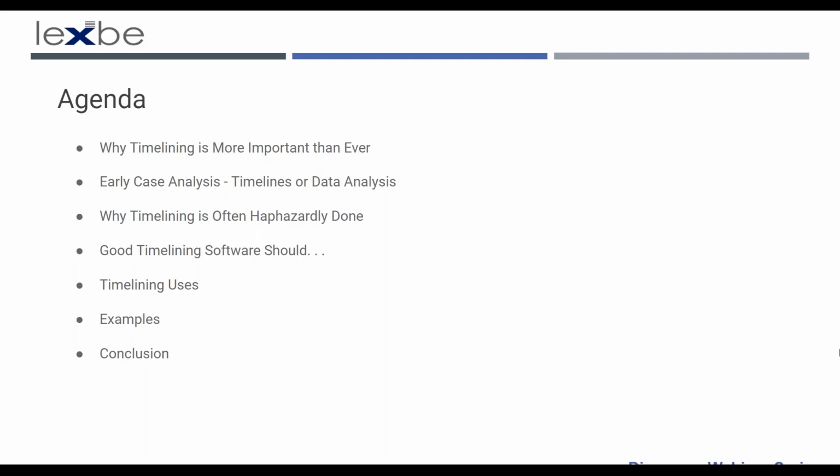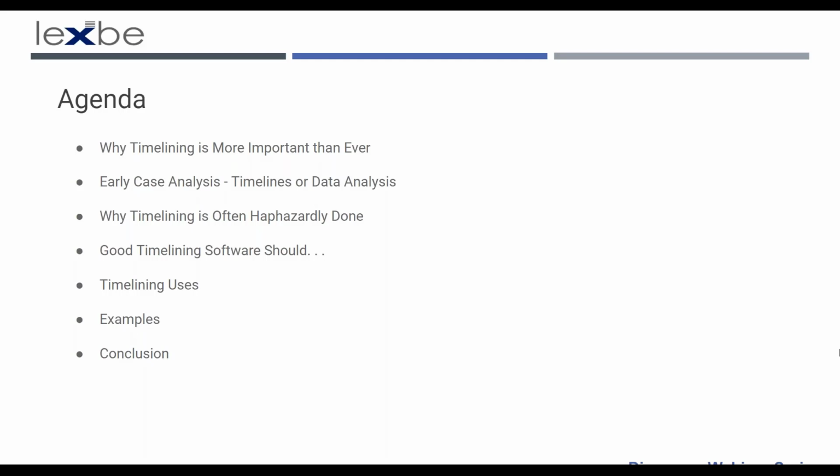I will also discuss how timelining can sometimes be disjointed or disorganized, and the pitfalls of ineffective or inefficient timelining, and then what you want good timelining software to do for you, and a couple examples of how to use timelining in your workflow and case management.